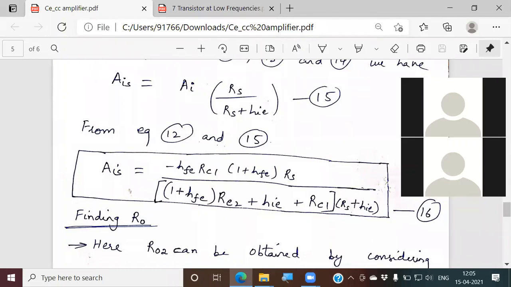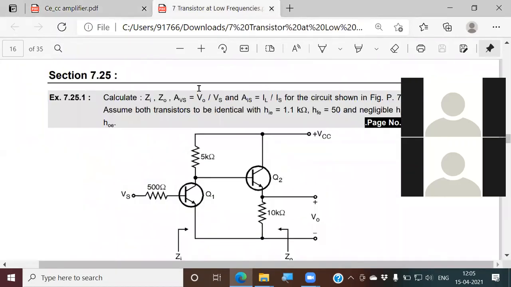One person is getting minus 0.15, another person is getting 0.3. So all should get the same answer, isn't it? Same formula, same values, all should get the same answer. Please check.